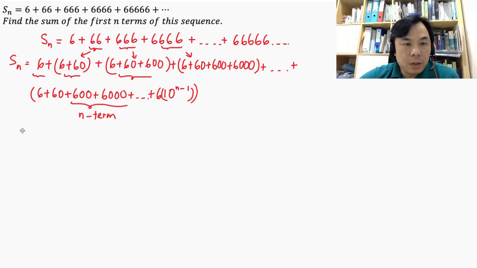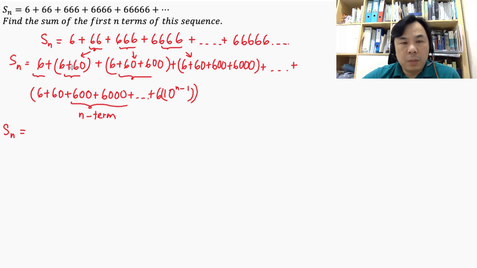And then next, we're going to rewrite this in a more explicit form so that we can recognize further patterns that we can work with. In this case, all the terms in the brackets are geometric series or geometric progressions.